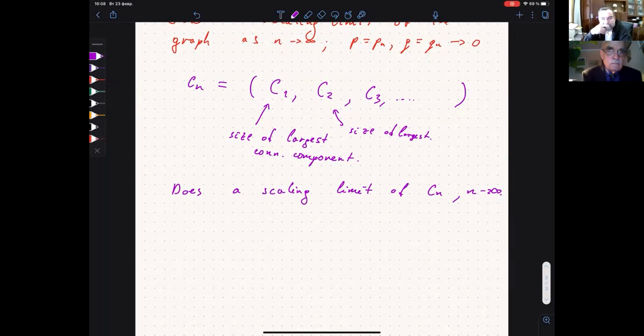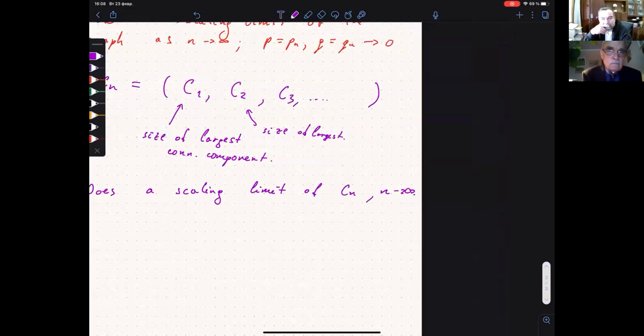The case when the probability p of appearing of intraclass edges and the probability q of appearing of interclass edges are the same.